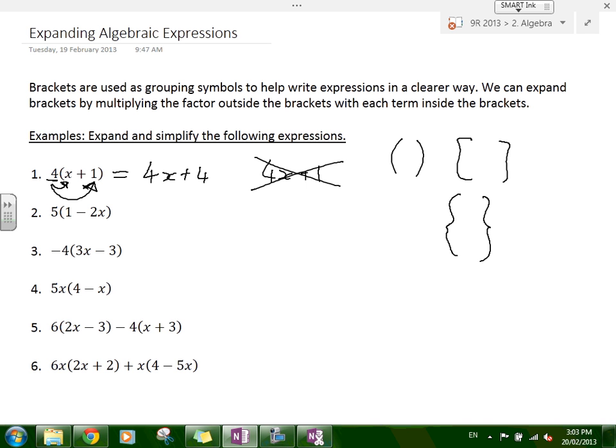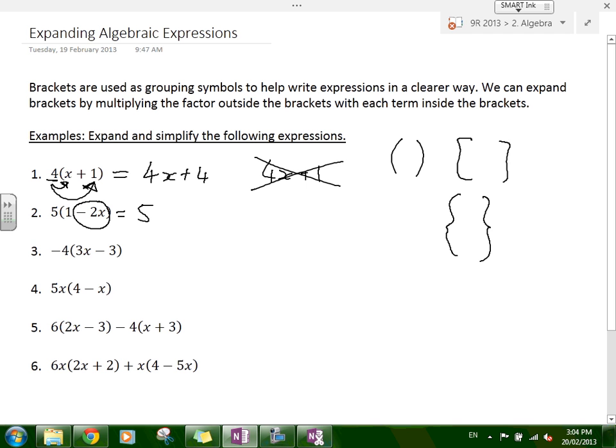Okay? What about this next one? 5, 1 minus 2x. 5 times 1 is 5. 5 times minus 2x. Remember that the minus 2x, the negative sign goes with that 2x. Think of the terms as just individual packages. The symbols between the terms will look after themselves if you do it correctly.